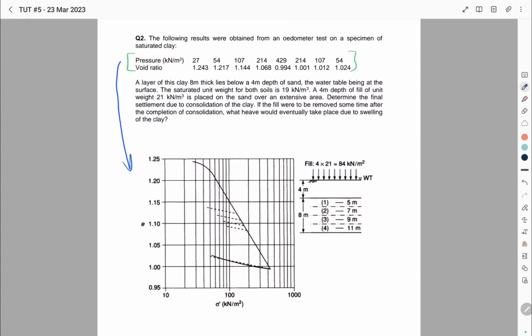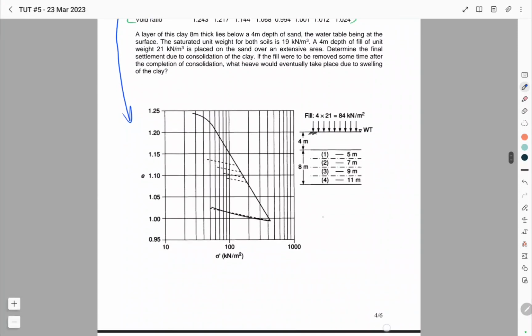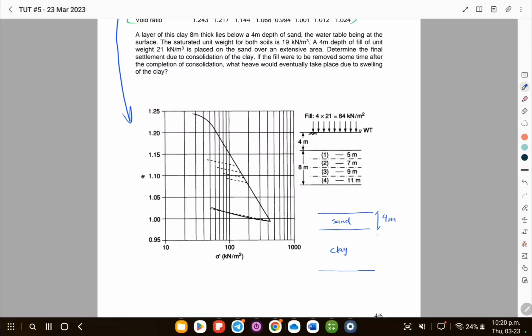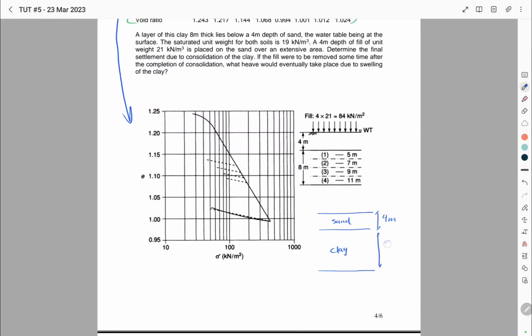So we have a layer of sand, depth of 4 meters, and then we have a layer of clay with a depth of 8 meters, and then we have a load on top of these two layers.